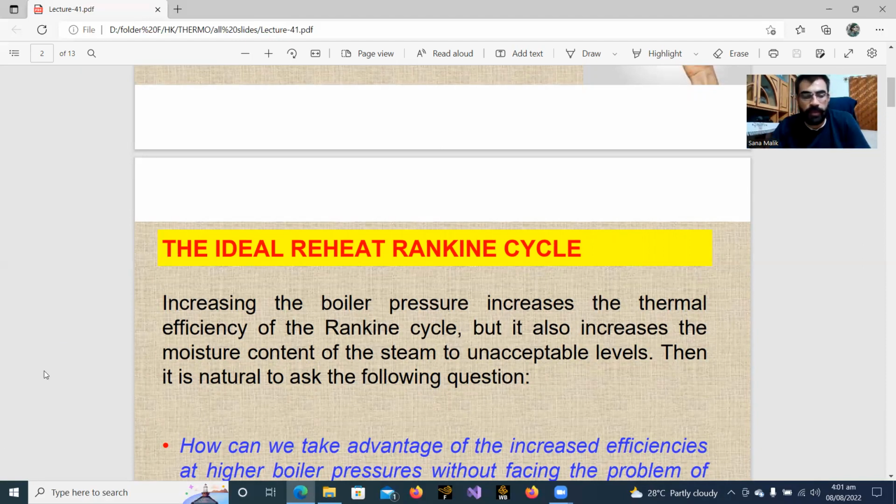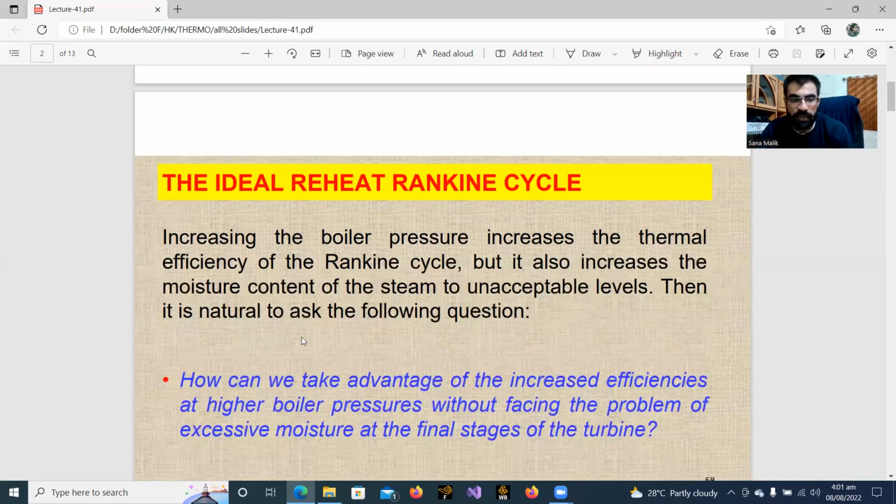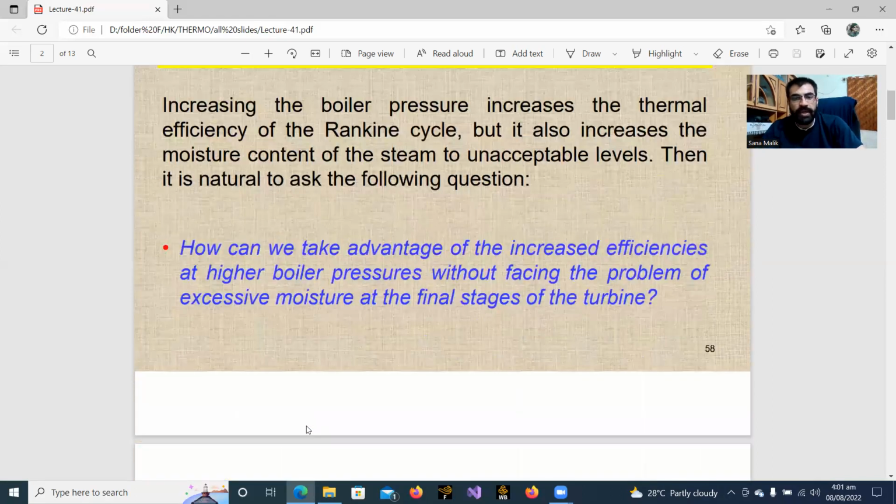I think it was 43, much higher than the other two cases, the superheating and the condenser pressure lowering. So what are the methods to get the most out of the Rankine cycle's efficiency? How can we take advantage of increased efficiency at a higher boiler pressure?